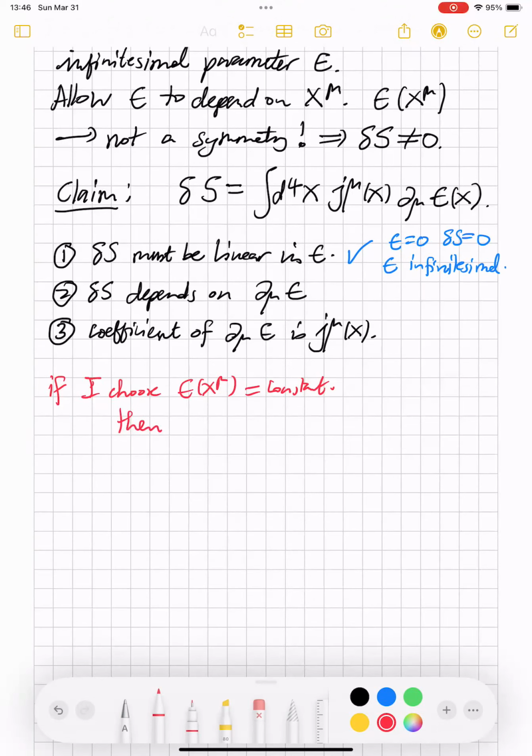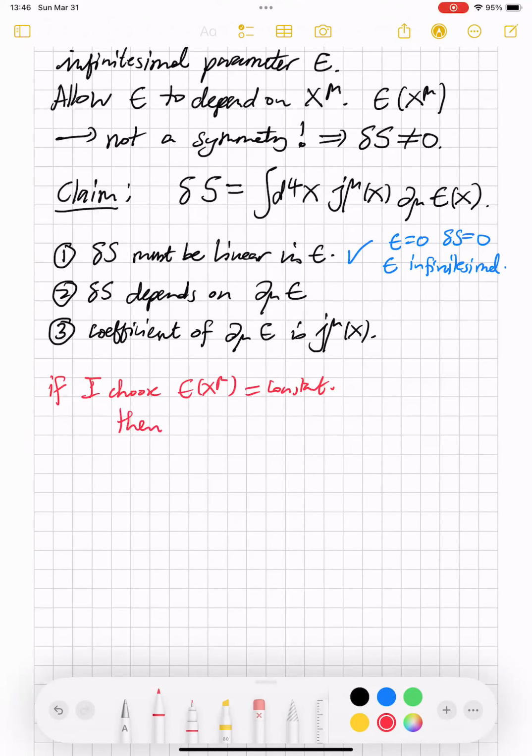Okay, so when I calculate this first derivative, there are two terms. First of all, the d mu could act on the j mu. If the d mu does act on the j mu, I'm going to get d mu j mu epsilon, and that's going to cancel against the second term. So the only term that ends up surviving is when d mu acts on epsilon.